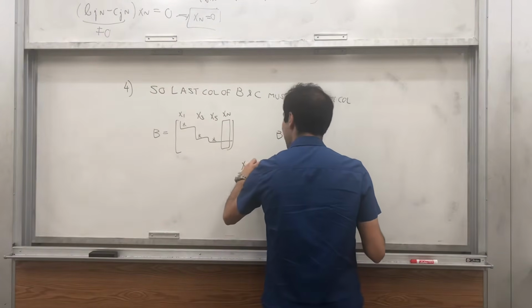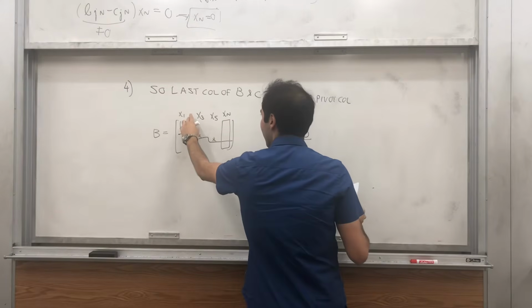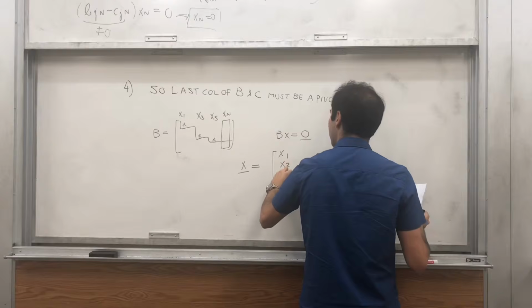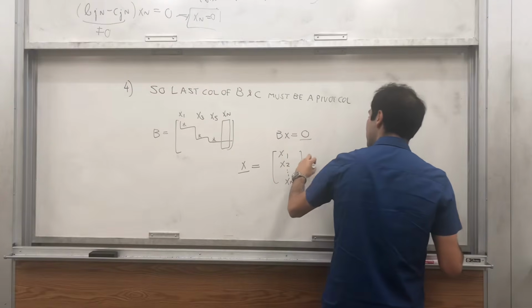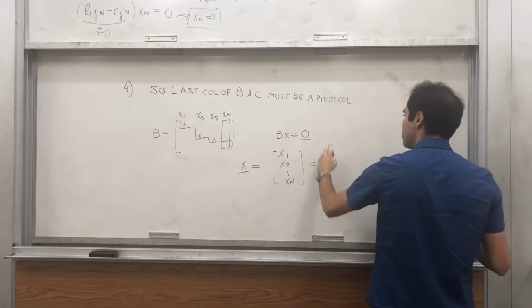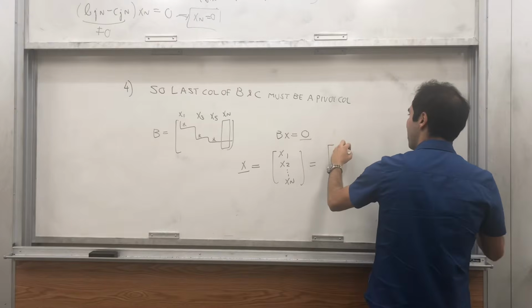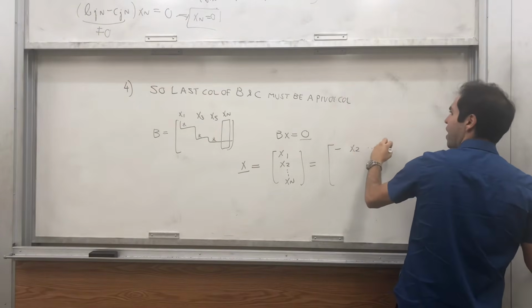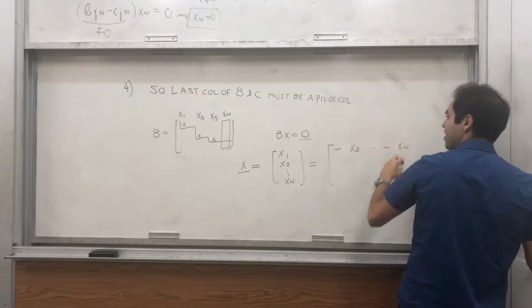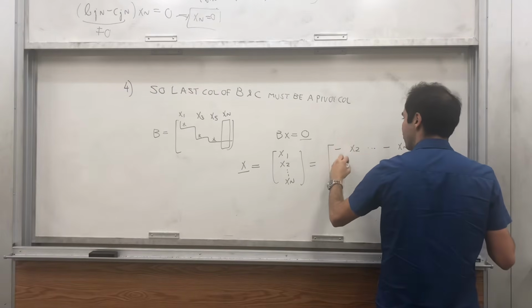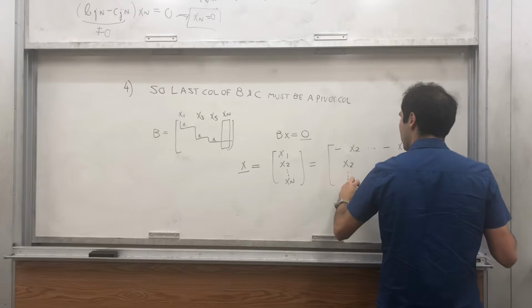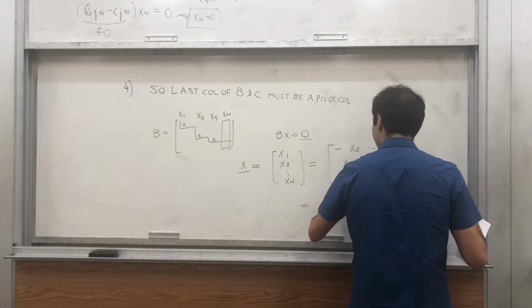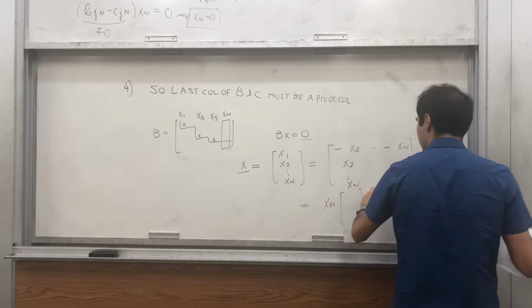So x, which is x1, x2, up to xn, could be written with minus something times x2, minus something times xn, and then x2 is free, up to xn, which is free, which tells us that xn is a free variable.